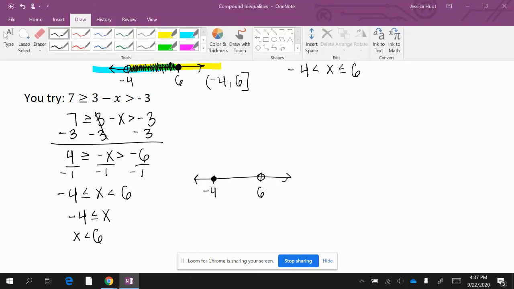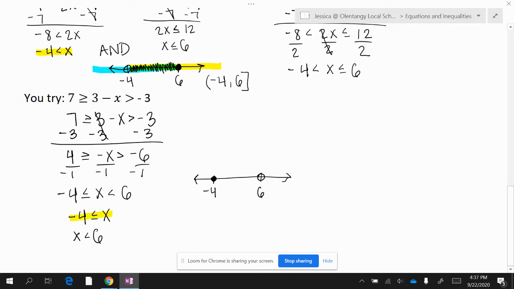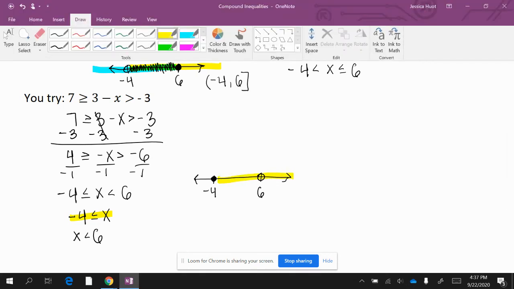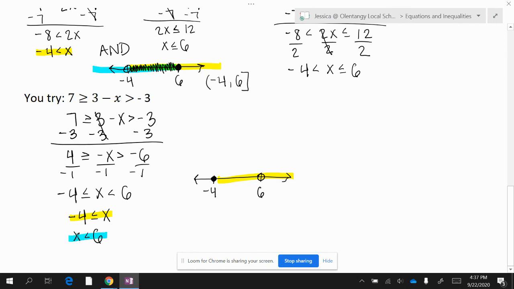And then again, if I use my colors, so yellow, negative 4 is less than or equal to x, or x is greater than or equal to negative 4, which is right here. And then x is less than 6.